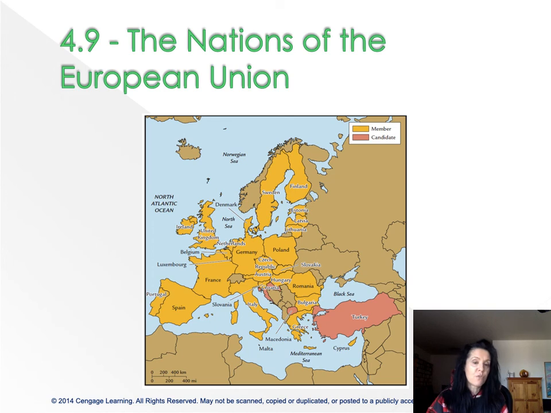Here are the nations of the European Union, and it's important to remember that not all member countries are necessarily members of the European monetary zone, which is the euro. Some countries are still using their own currencies. Bulgaria, for instance, is a very good example of that.